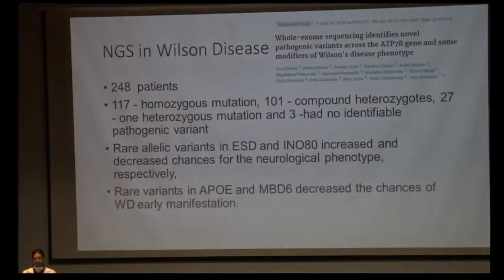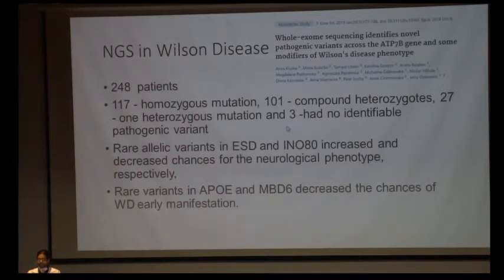There's some literature on next generation sequencing in Wilson's disease. In this study from Poland, in which they did testing on 248 patients, they detected mutations in a large percentage of the population, and only 3 patients did not have any identifiable pathogenic variant. This showed that this was a good technique to identify the mutations.